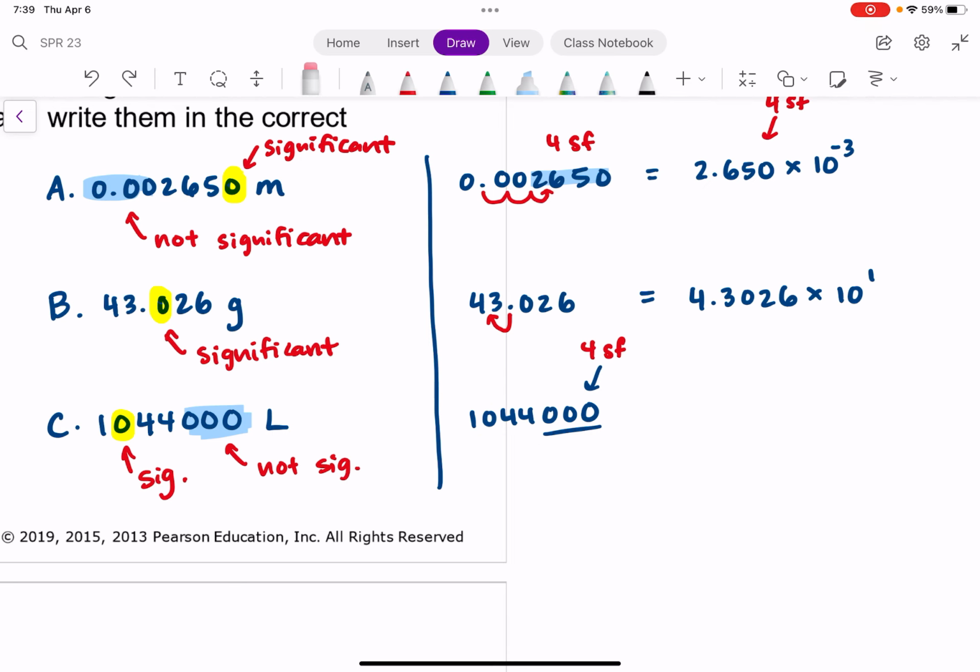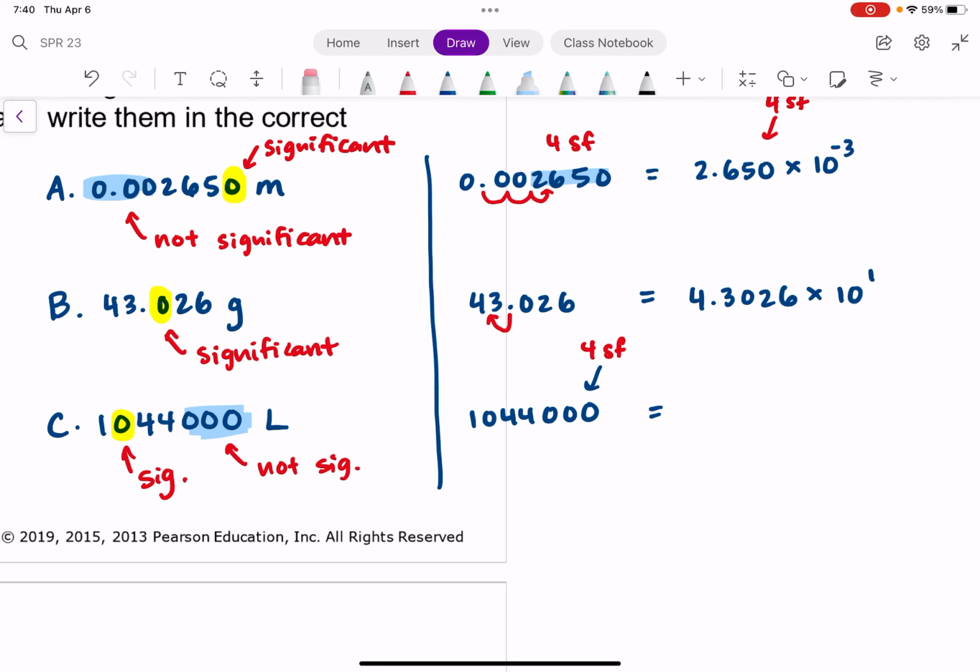Okay, so how many sig figs should I have on the left side of my scientific notation? I should have 4. Yeah, we can't lose any. We want to make sure that we keep all the significant figures we have, because that shows other scientists, hey, that's a certain value.